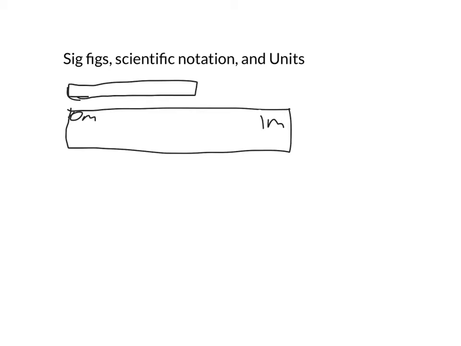So we kind of have to guess. Every measurement has a guess in it. Well, here's how you're going to guess. I like to eyeball things, so I'm going to divide my ruler up and say that this is probably about the halfway point on the ruler. And it looks like that piece of wood goes further than the halfway point.